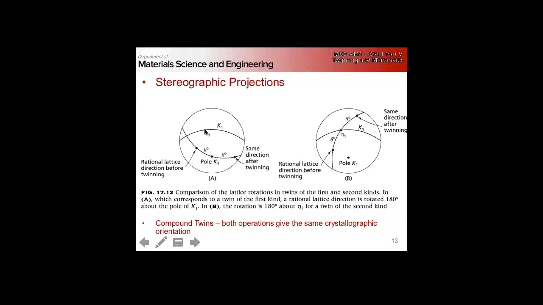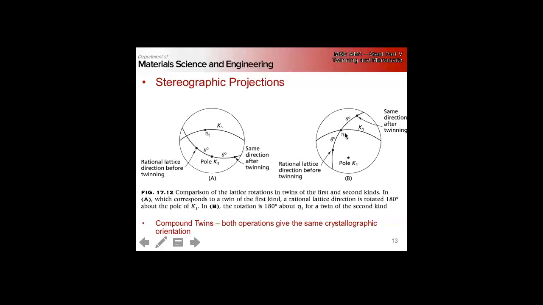you can see here for the twin of the first kind, right, we have some rational direction that is rotated 180 degrees about the pole of K1. And if we look at the twins of the second type, we see 180 degrees about the eta 1.